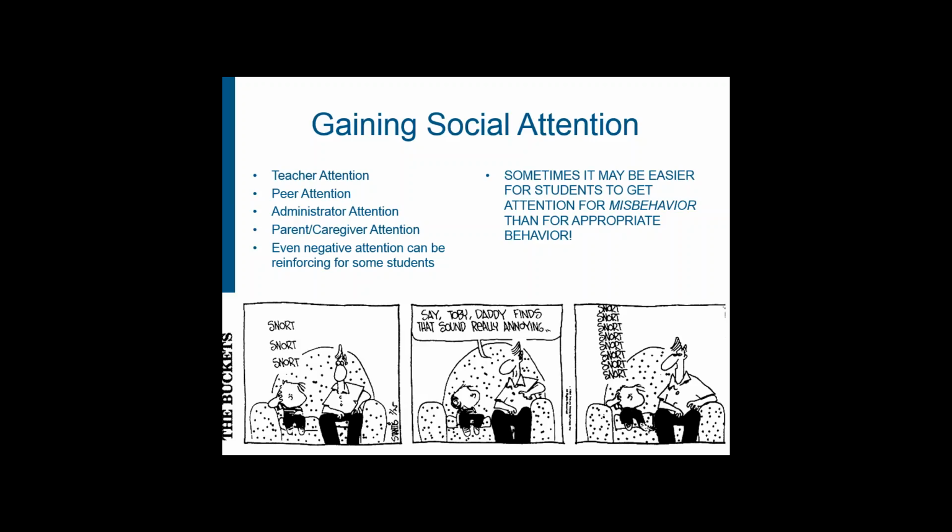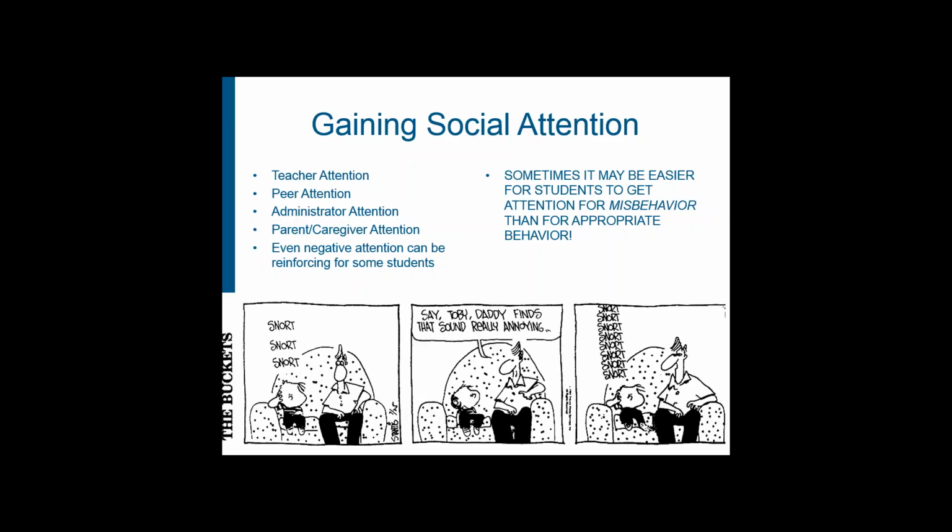Something really important that parents sometimes don't realize is that negative attention or reprimands or discussion or arguments, that's all attention. So if you're trying to negotiate with your child when the behavior is occurring, or you're trying to rationalize or reprimand, all of that's attention, and all that can fuel the problem behavior.